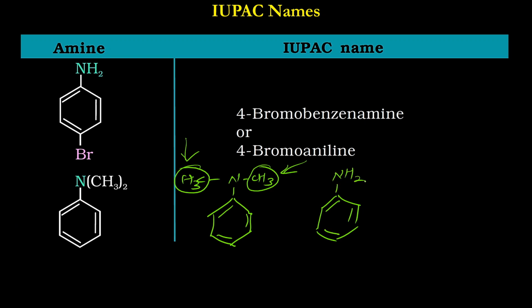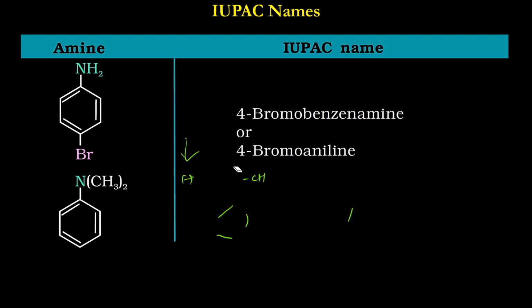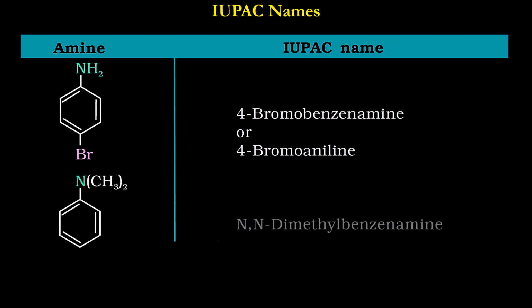This will be actually NH2. Both CH3 are replaced by hydrogen. So parent you got. Now what you will do? You will prefix the substituents and you will say N,N-dimethyl. The parent chain is benzenamine and the substituents are N,N-dimethyl.